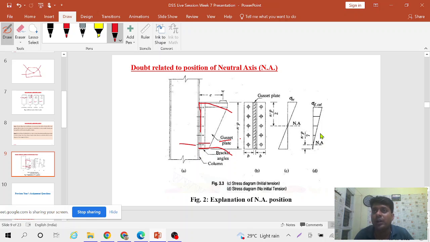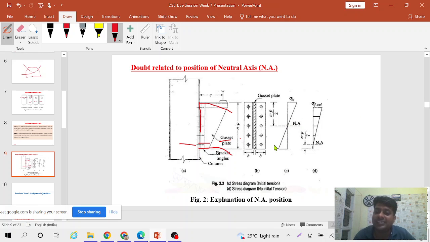If you measure how much tension and compression is coming in the connection, and you also design it theoretically, then this answer will be closer to the experimental values, and this value is far away from the experimental values. But this value is the more conservative value.